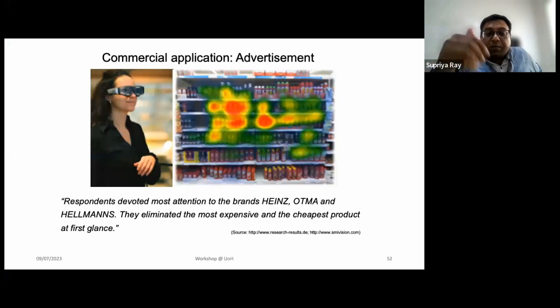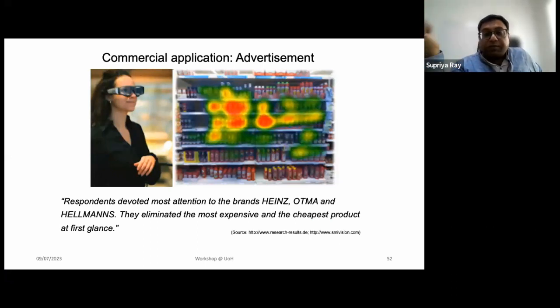Also, the mobile eye tracker, the head-mounted eye tracker, can find application in advertisement. So the heat map that you see here is the duration of fixation. And from there, we can actually infer that the customer is paying more attention to some particular brand based on their look or price or any of that sort.